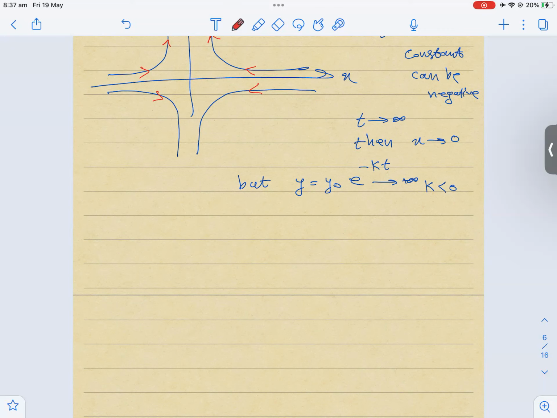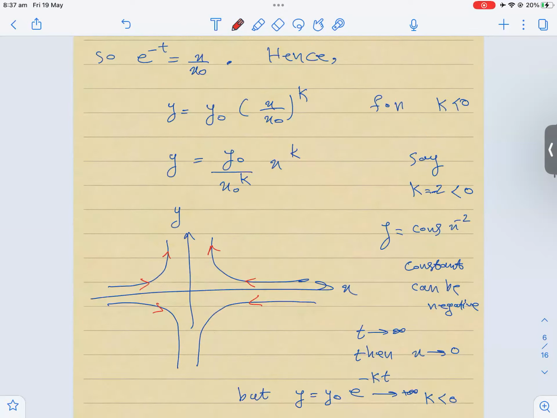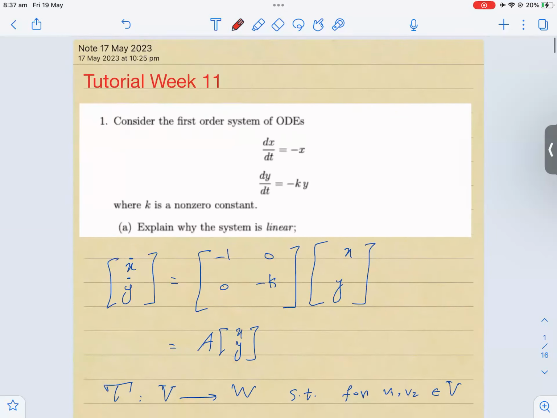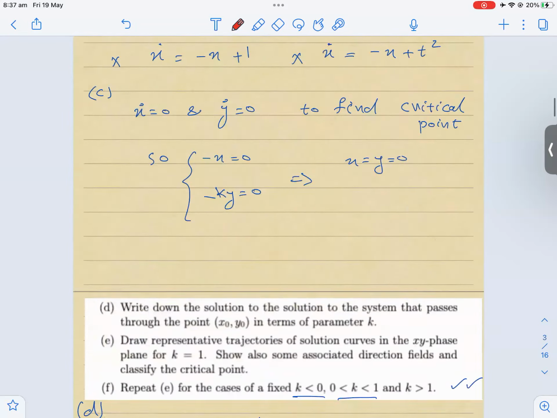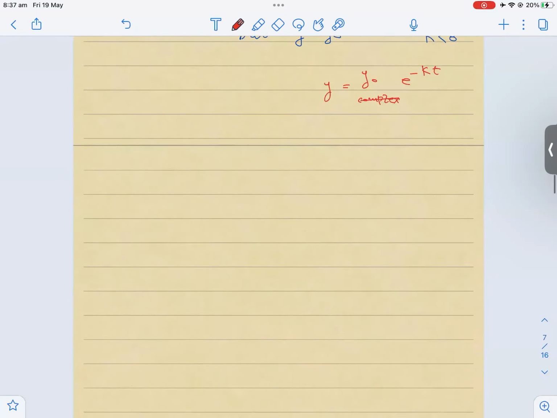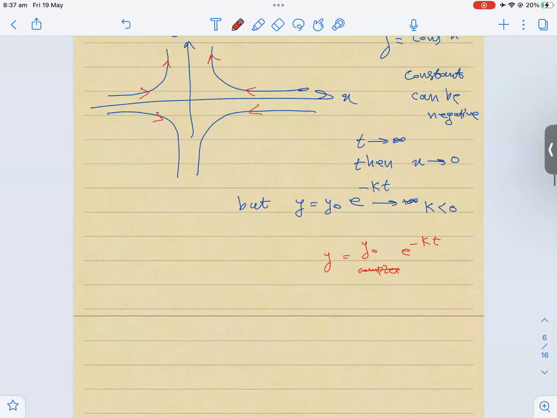So you say that we could write y0 as complex. Now y0 can be a real number, but the numerator... let me see this assumption here. K is a non-zero constant. It's not mentioned what the field is; for me, it should be real. But if you say that it might be complex, yeah?